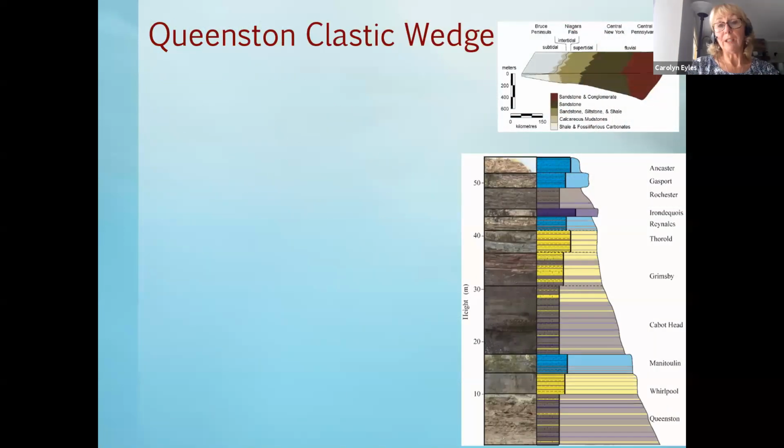So moving on, this is a schematic diagram at the top right here showing that delta. And it's actually termed the Queenston Clastic Wedge, because it is a wedge-shaped body of sediment. And it extends from the Taconic Mountains on the right-hand side there in towards that inland sea to the west.